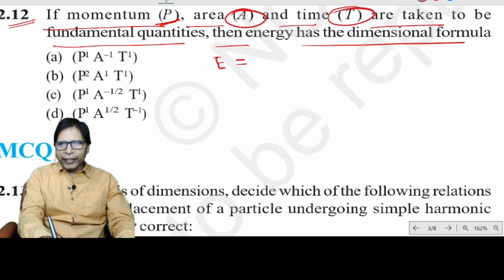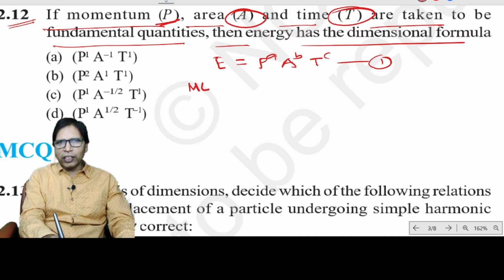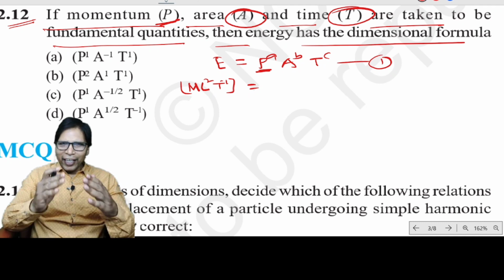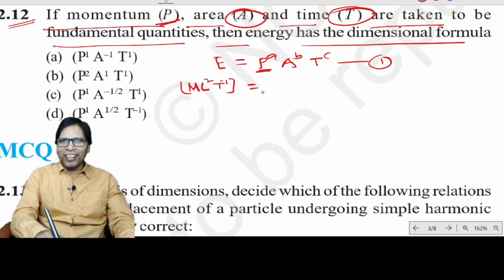Energy E equals momentum to the power a, area to the power b and time T to the power c. This is equation number 1. Now what is the dimension of energy? It means work done, so this is ML squared T minus 2. Now what is the dimensional formula for momentum? MLT minus 1.